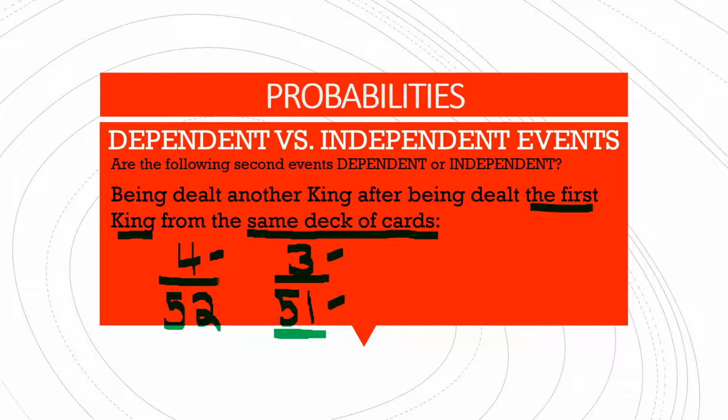So this second selection, this second event, is affected by the first event. This is changed. So it depends on what happens the first time around, what's going to happen the second time around. So this is dependent.